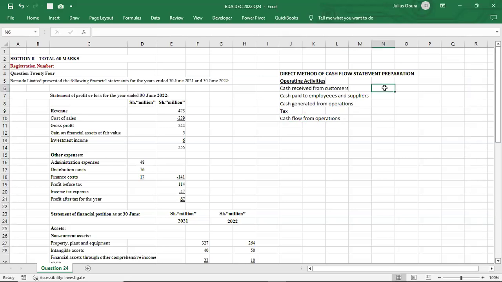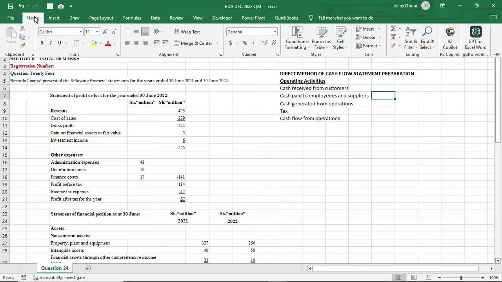Generally you'll realize that cash received from customers, we will add that. Cash paid to employees and suppliers, we'll subtract that. When you do that, that will give us the cash generated from operations. So cash generated from operations is actually a working of the above. Let me underline this.